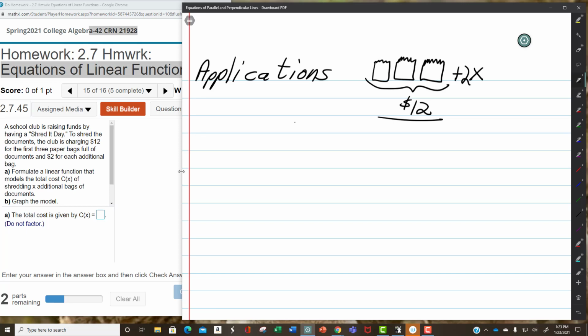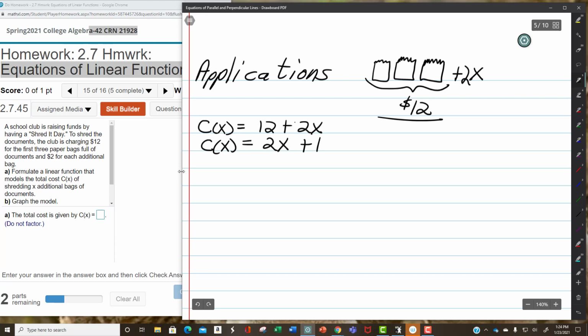So the equation of this line would be, okay, you've got the cost, they're calling that C of x, is going to equal a flat $12 plus 2x. But of course the really correct way to write this is 2x plus 12.